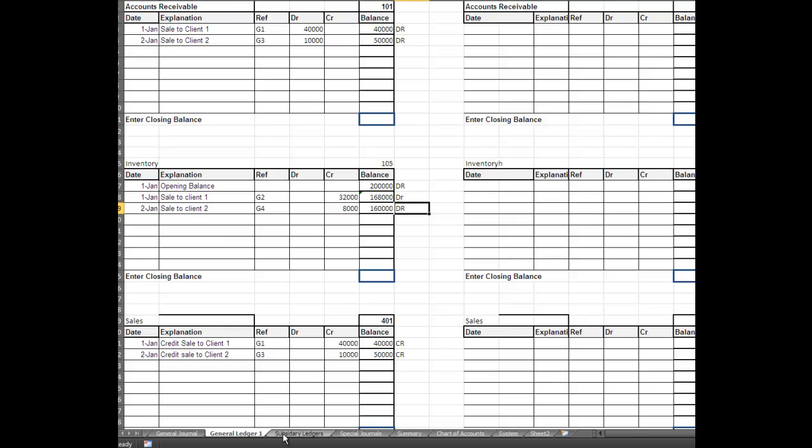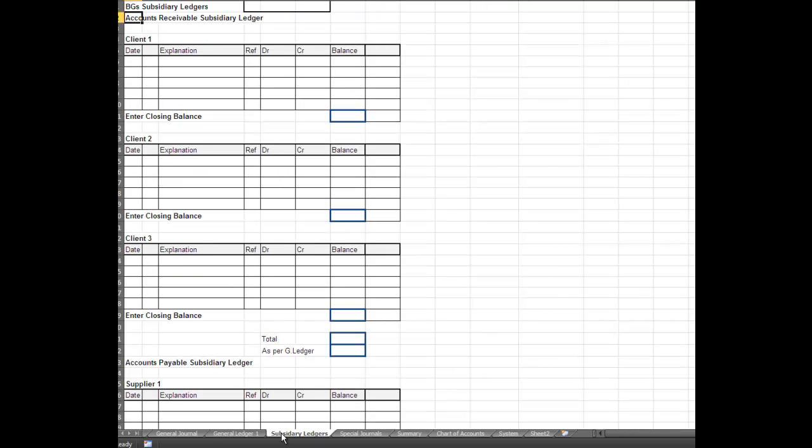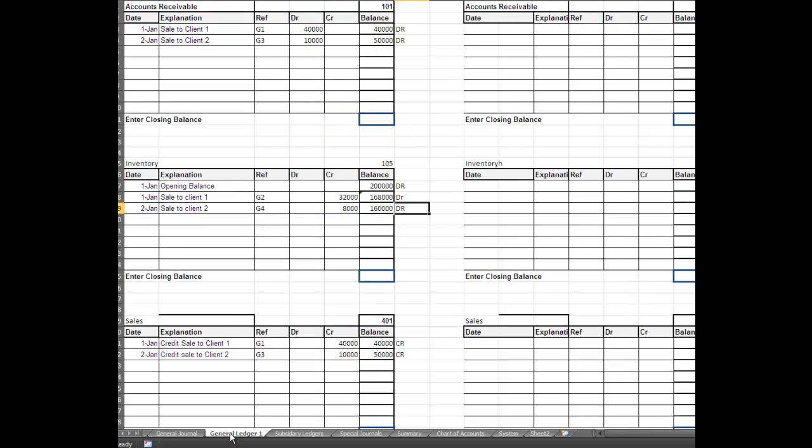These credit sales, we would also need to post these to the subsidiary ledgers. So what happens here? We have a credit sale to client 1, 40,000.